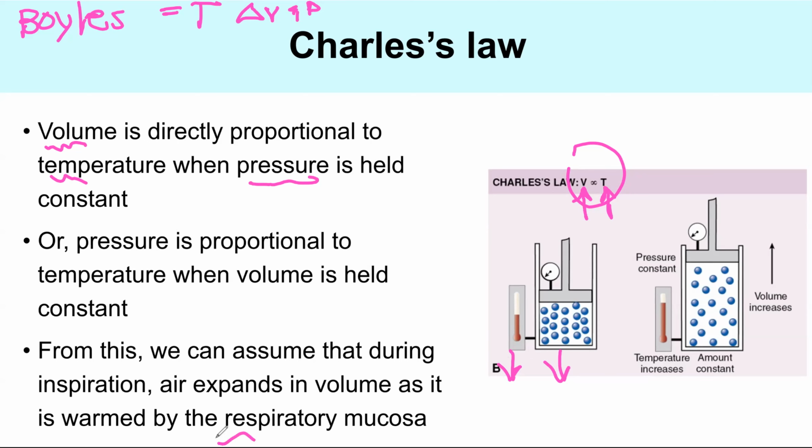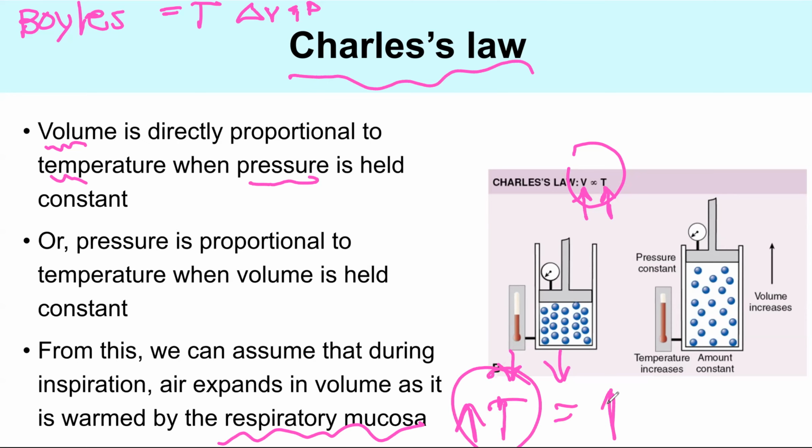The respiratory mucosa are going to cause an increase in temperature of the air. And Charles' law says that if you increase temperature, that means you're also going to increase the volume of the gas itself. All right. And therefore, we're saying that air is actually going to expand as it becomes warmer. Okay. Hopefully that makes sense.